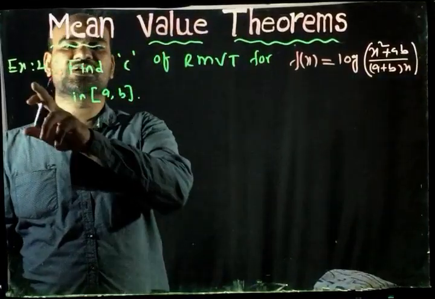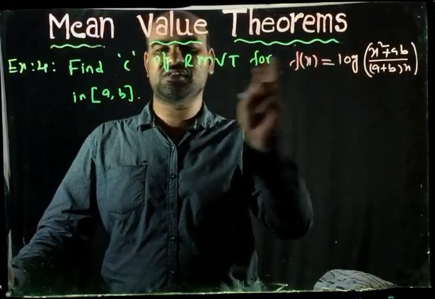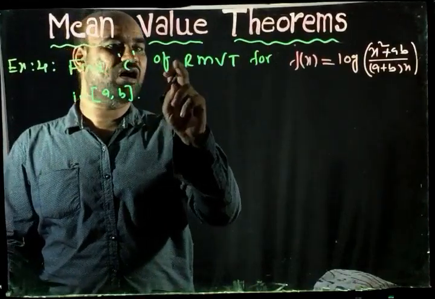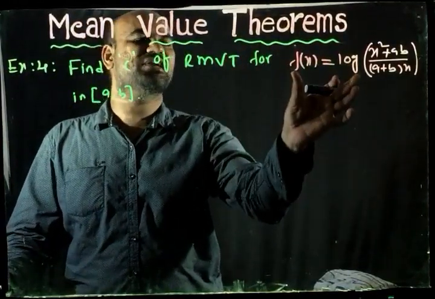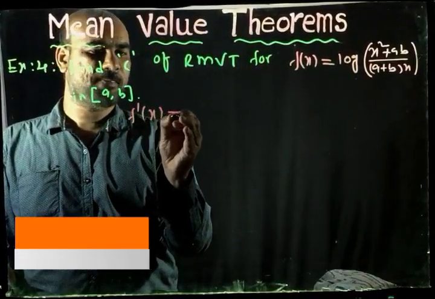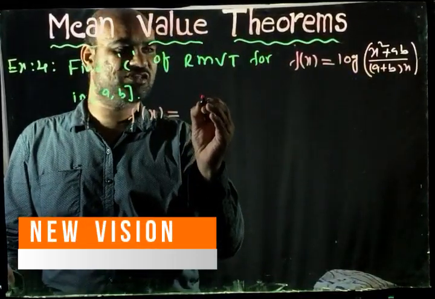Next example, example 4. Find c of RMVT for this function in this interval. Automatically the function satisfies RMVT. f dash of x: it is a logarithmic function. Log x means 1 by x differentiation.